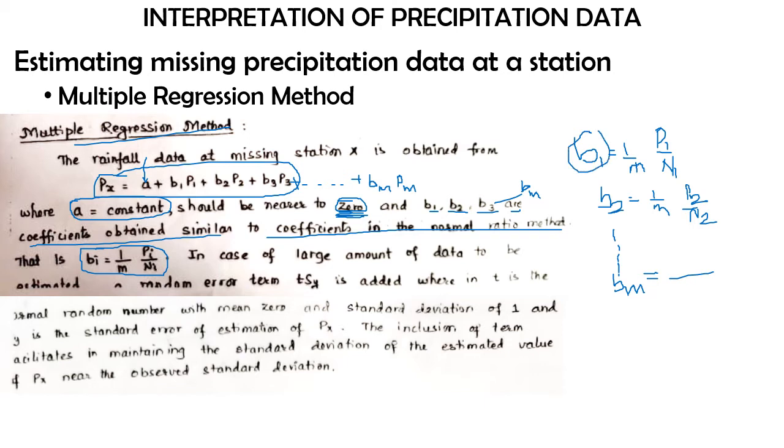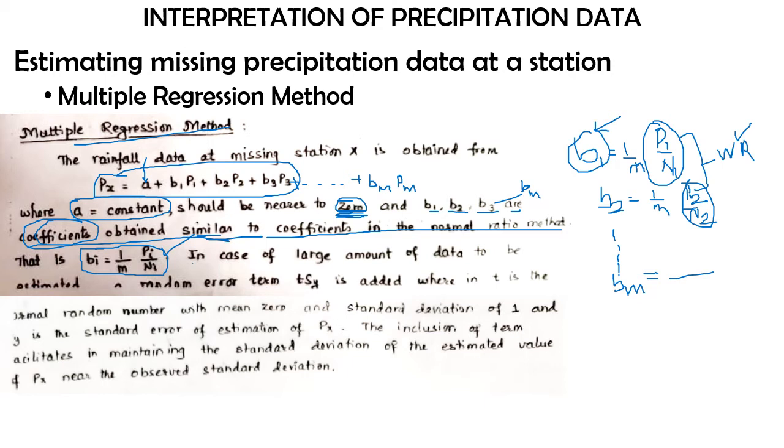In the previous case we had called these parts P1 by N1, P2 by N2 weighted ratios, right? Here they are calling them coefficients, which are similar to these weighted ratios. The formula for that is given over here.